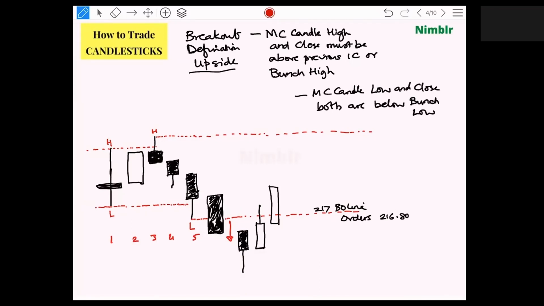So this is now my order level. I will place my orders over here. And this whole process of price coming back is called a retest. Okay. Now you will get your orders and this is your entry.